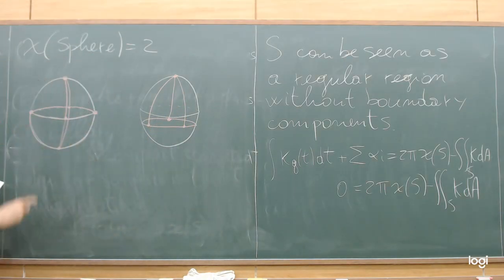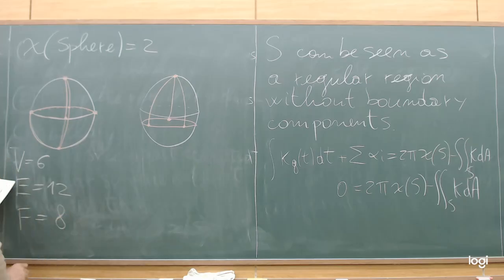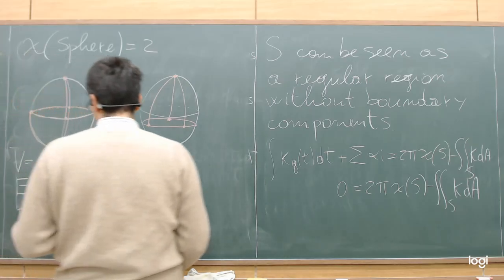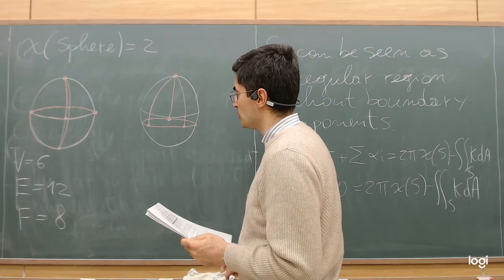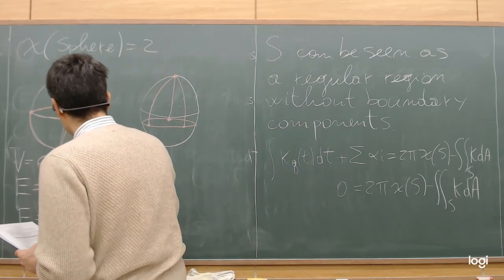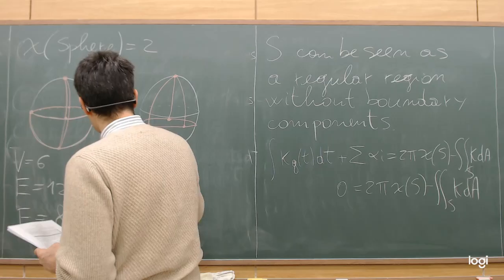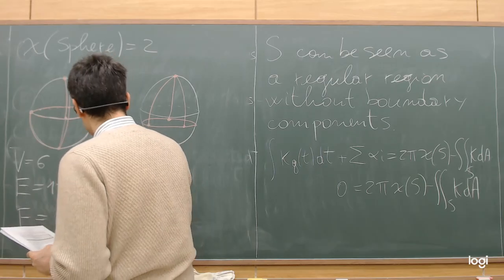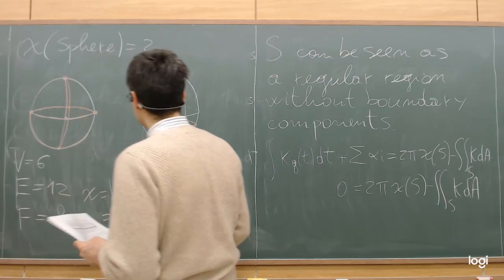And for this one, you have that the number of vertices is 6, the number of edges is 12, and the number of triangles is just 8. So you will get that chi, which is V minus E plus F, is equal to 2.